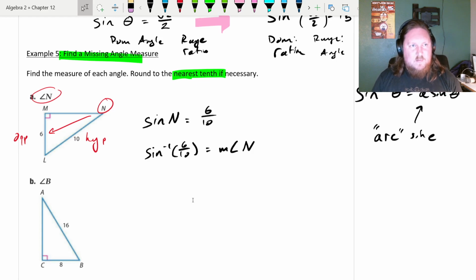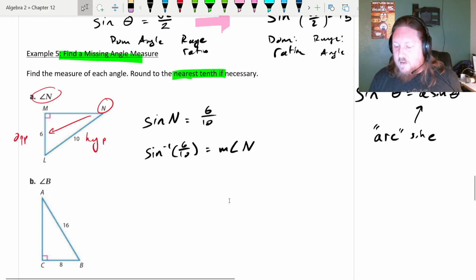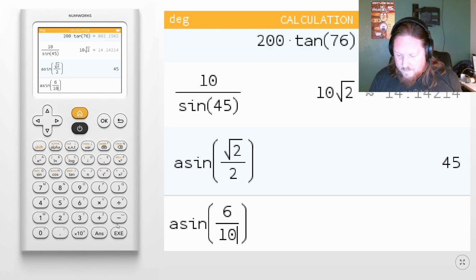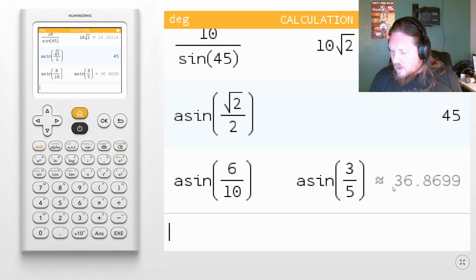It doesn't matter the size of the sides. That ratio is what we want. So whether it's 6 over 10, 3 over 5, 60 over 100, or 36 over 60, the ratio is always going to be the same. So we just type that into our calculator. Arcsine of 6 divided by 10. Execute. We get 36.8699.